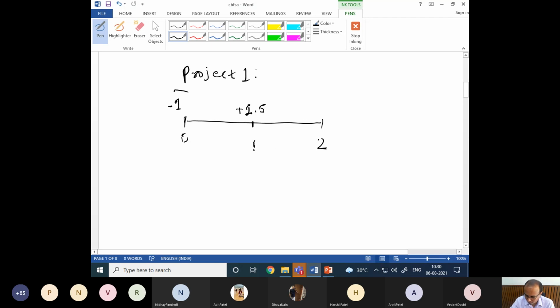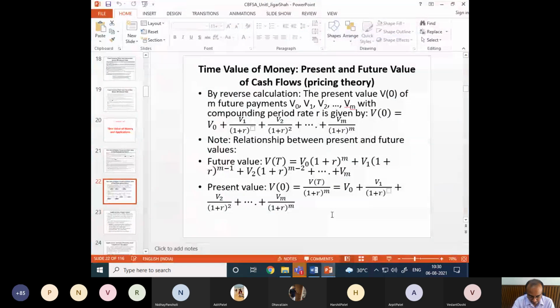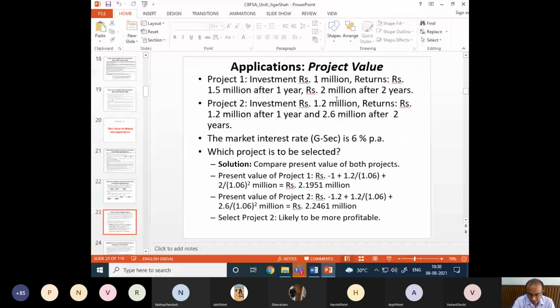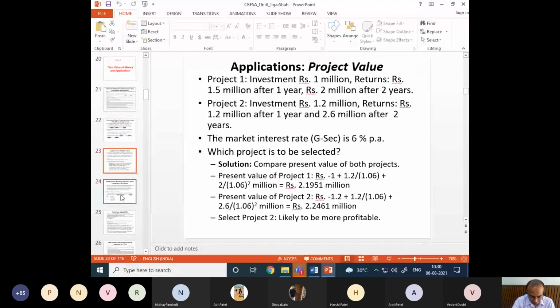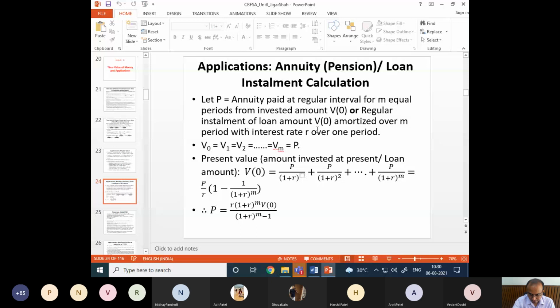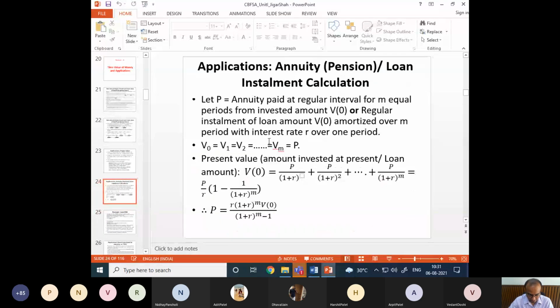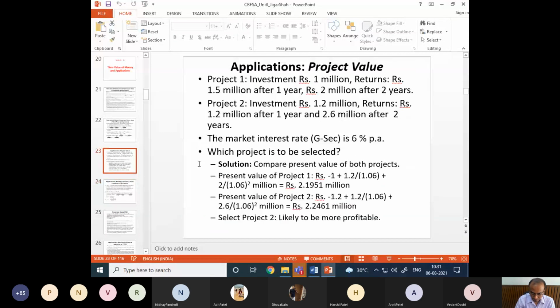And after 2 years, let me refer to the data for what it receives after 2 years. Yeah, so it receives 1.5 million after 1 year and 2 million after 2 years, right?